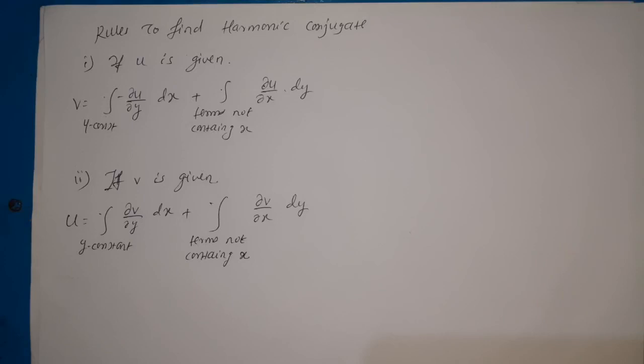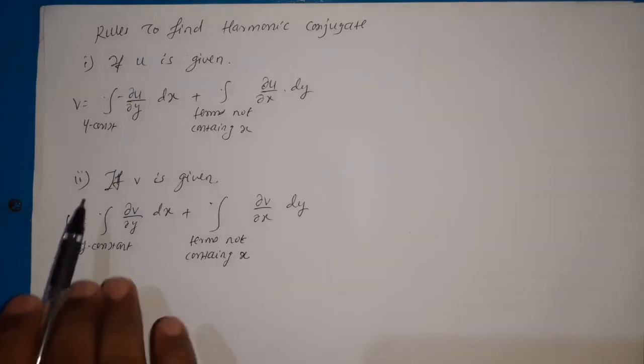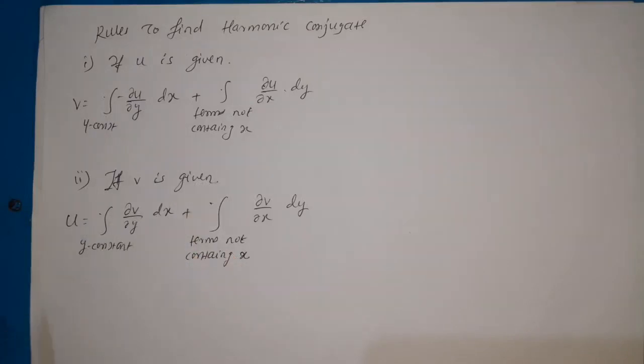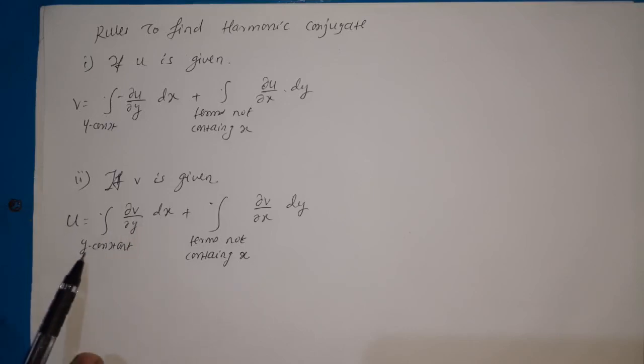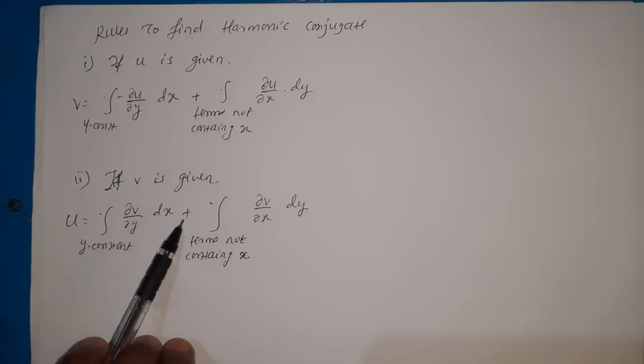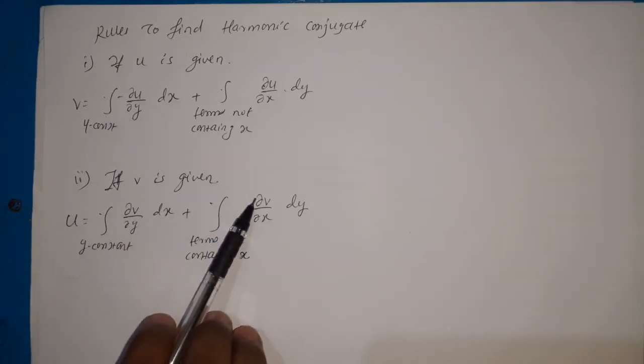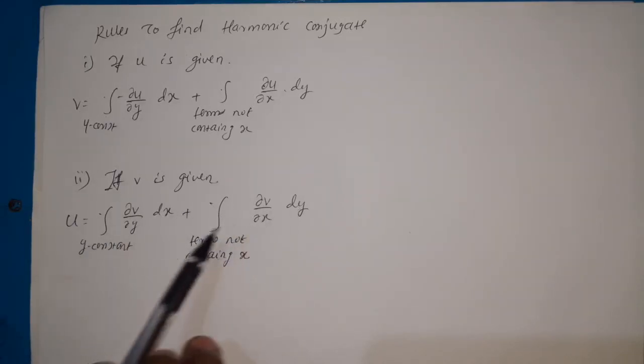And similarly, if v is given, then u can be written as integration of dou v by dou y into dx, treating y as constant, plus integration of dou v by dou x into dy.